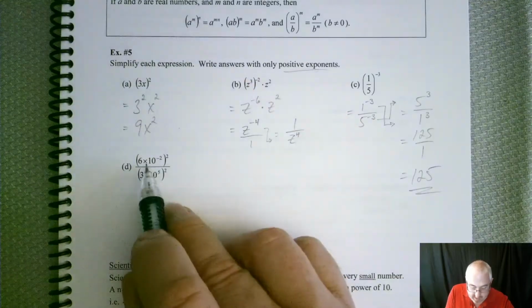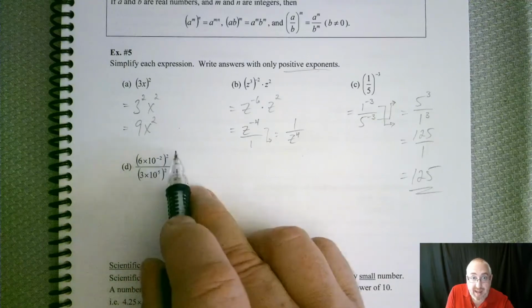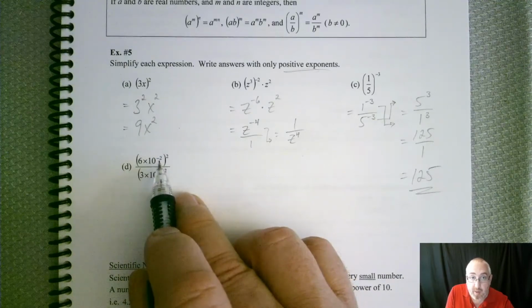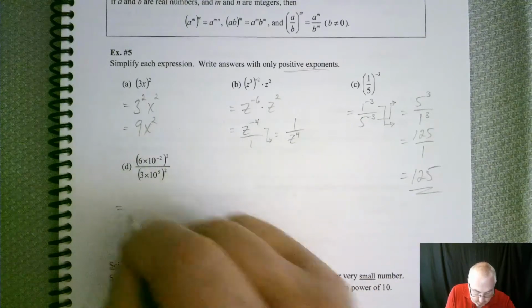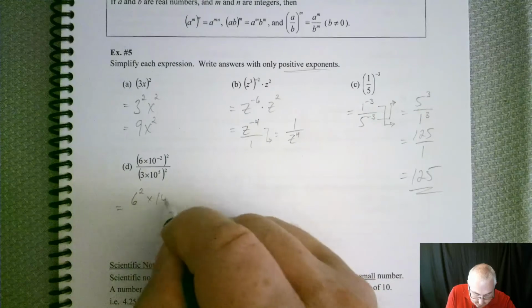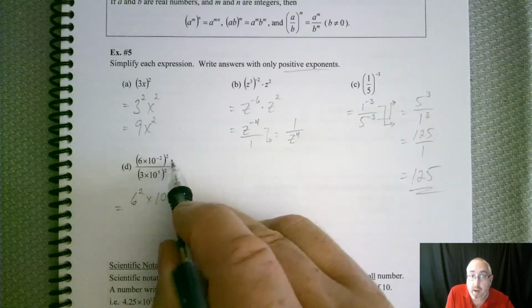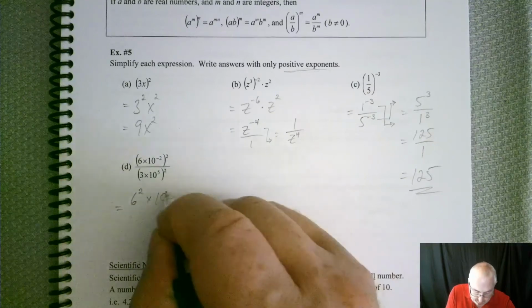So in this case here, we can distribute that exponent onto the 6 and onto this power of 10. So then same thing on the bottom. So we're going to get 6 to the second times 10 to the what? We're going to multiply those, so that's going to be a negative 4.